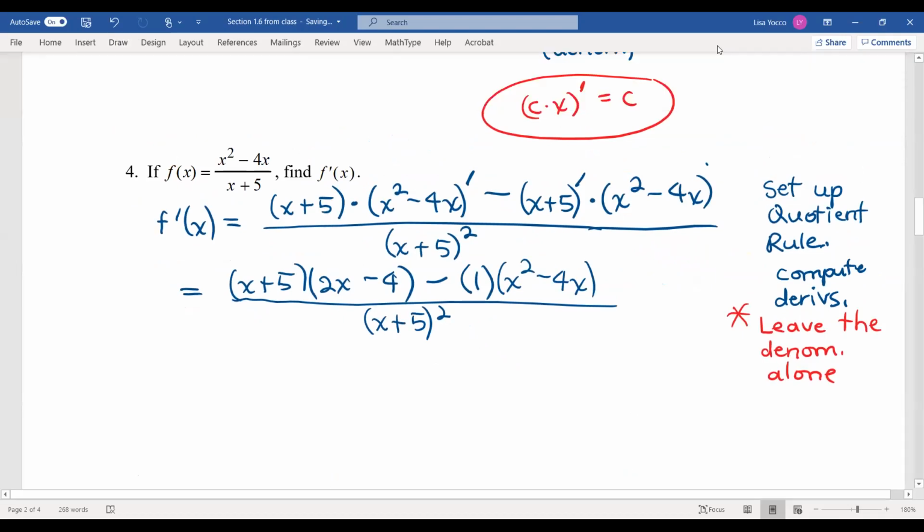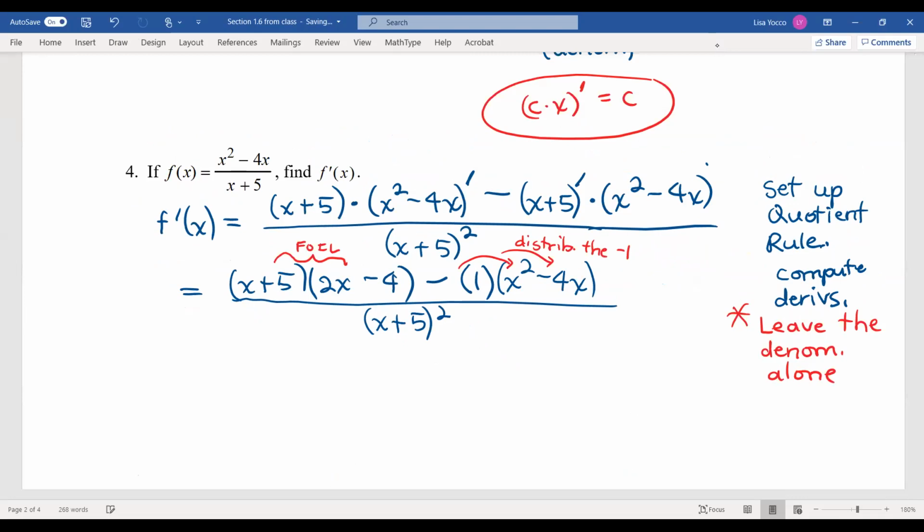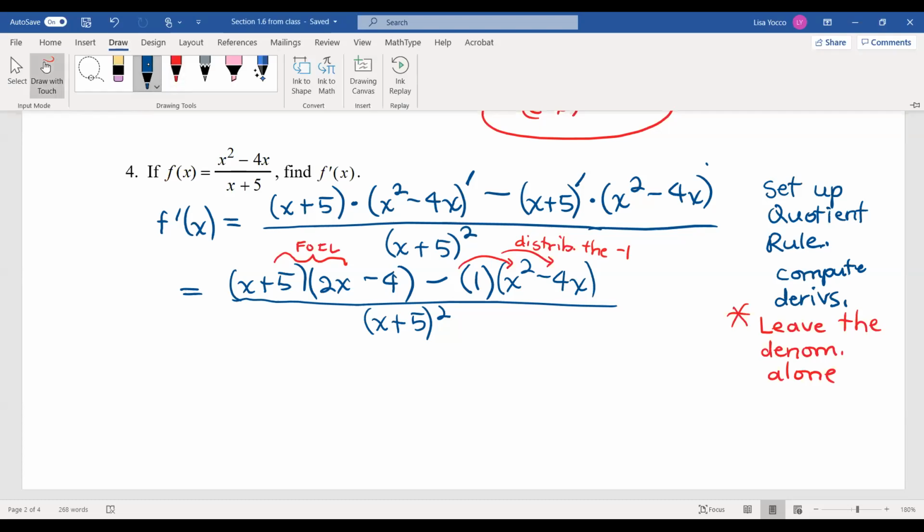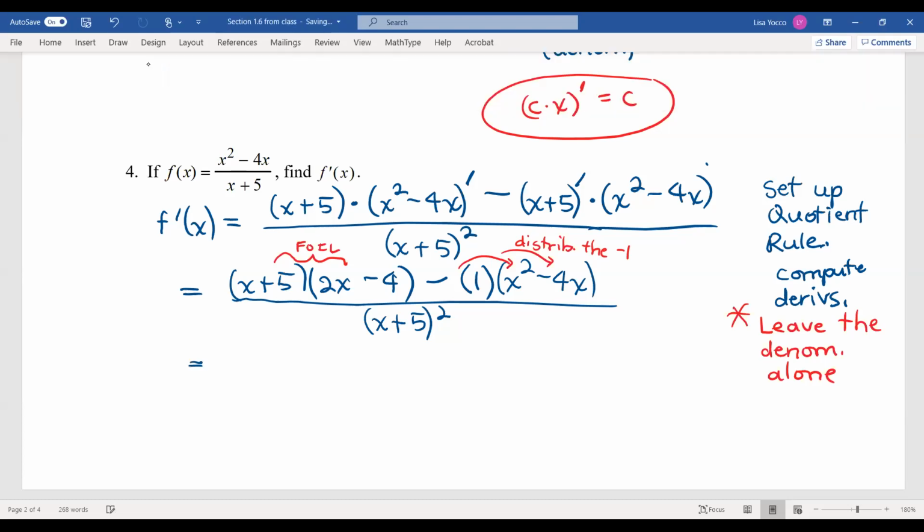All right, so this multiplication here is done by FOIL, and on the other side of the minus, we're distributing. And remember that the minus goes with the 1. So we're actually distributing the minus 1. All right, so I'm going to do that. FOIL gives me 2x squared minus 5x. I don't know where that came from. How about minus 4x?